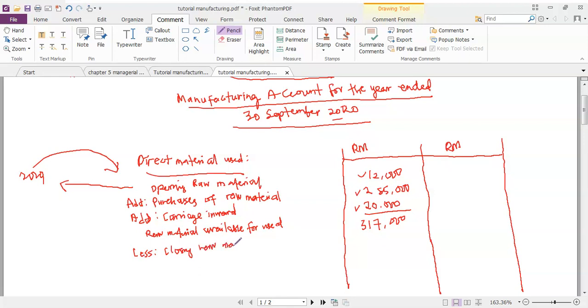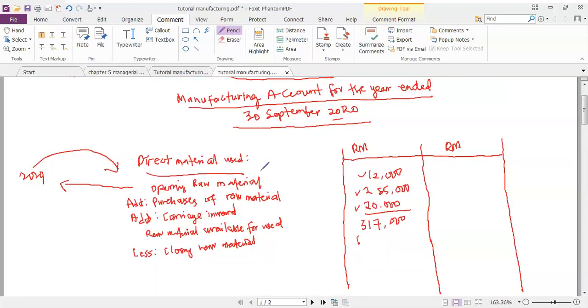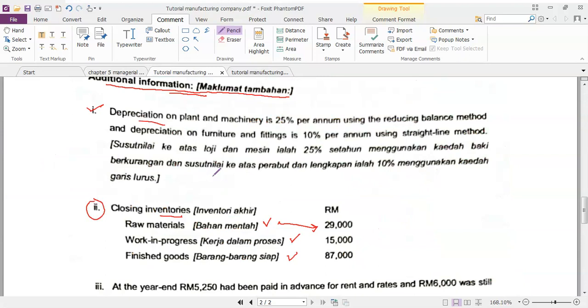Kena bezakan, okay, apa dia opening dan closing. Opening tu kita bawa daripada tahun lepas. So closing untuk tahun lepas how much, okay. Dia ada juga amount yang berbeza. So you less, okay. Kita kena tolak dengan closing of raw material. So how much is 29,000.